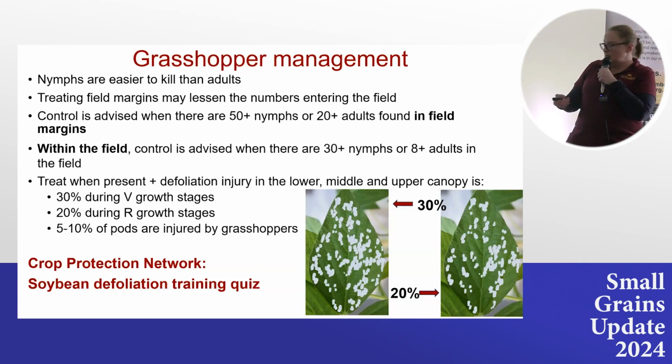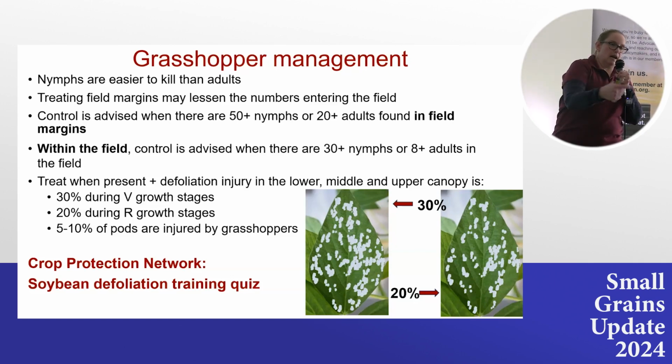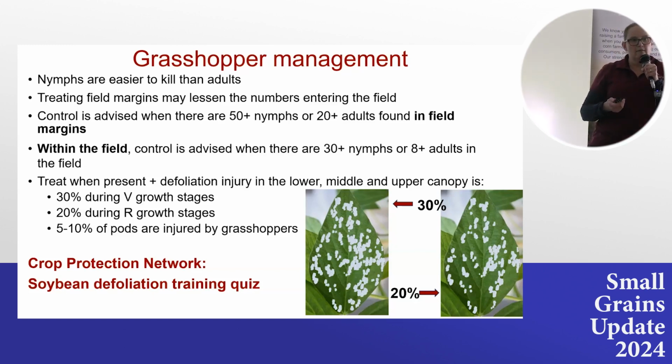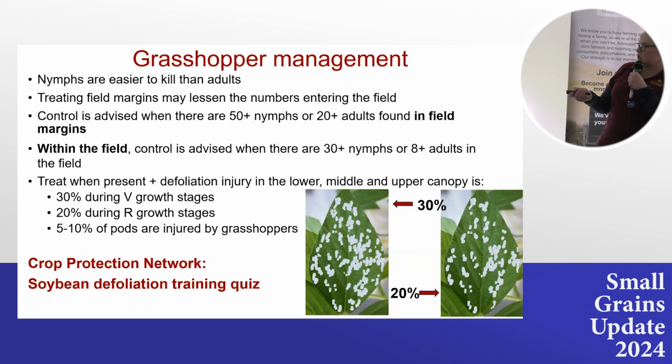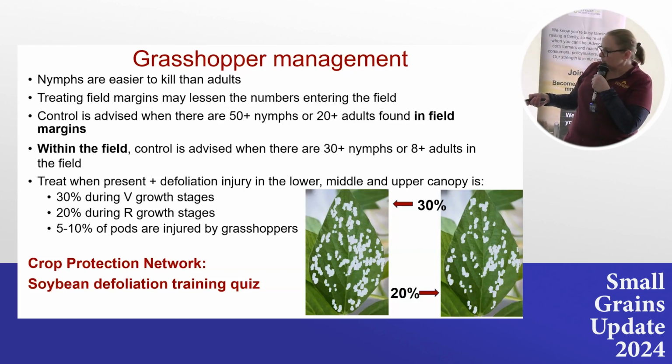And so when we're talking about defoliation injury, we're talking about average defoliation throughout the entire canopy. So we would suggest taking a leaflet from the lower canopy, the middle, and the upper canopy, and then doing that at multiple locations throughout the field and figuring out an average of your defoliation injury.